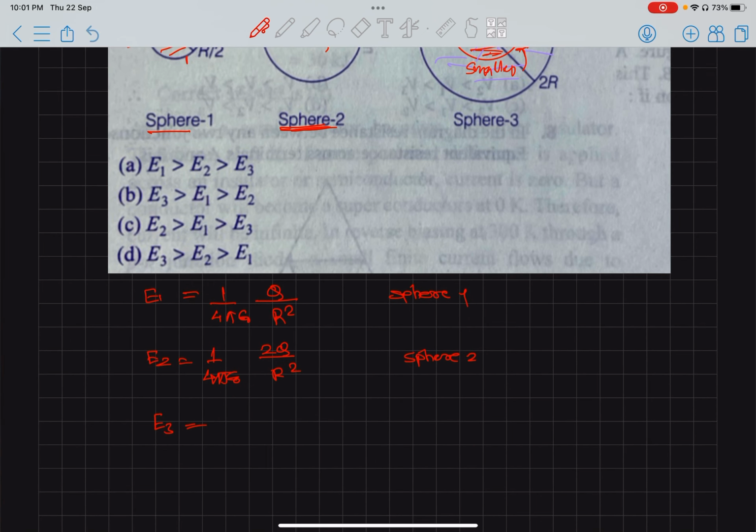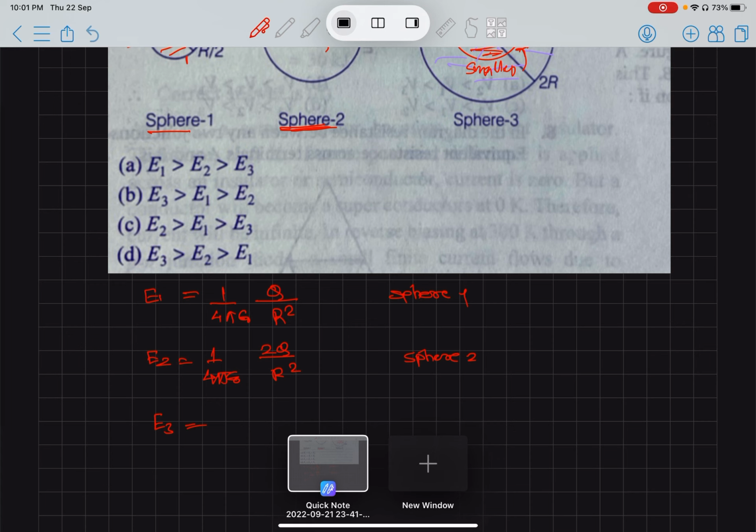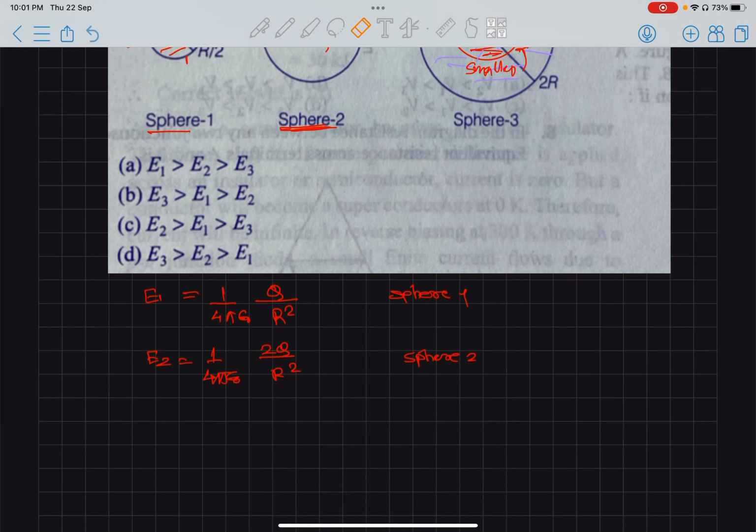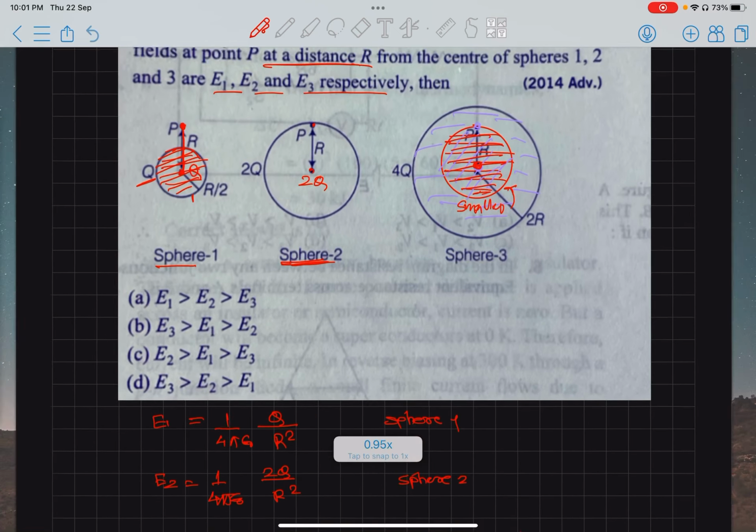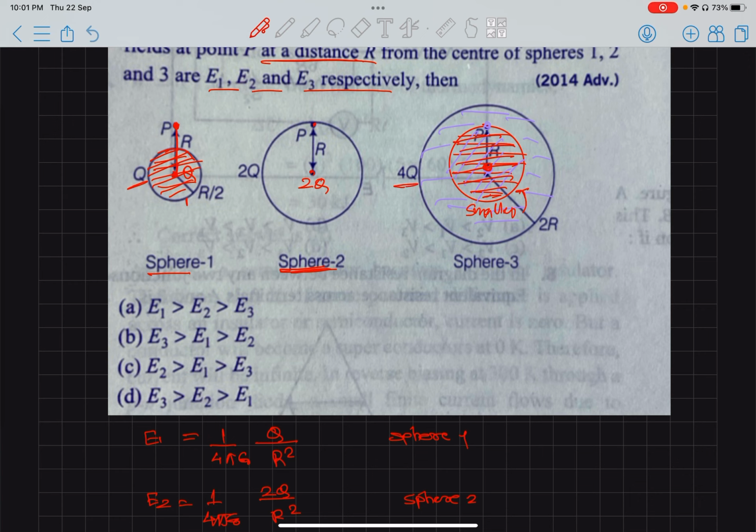So first find out this total charge: the total charge distributed in the smaller sphere, and here the case we are considering is for sphere 3. Now we know 4q charge is distributed throughout the sphere volume having the radius 2r.